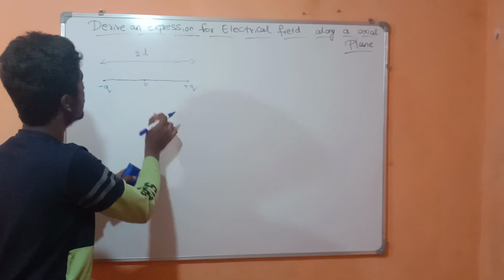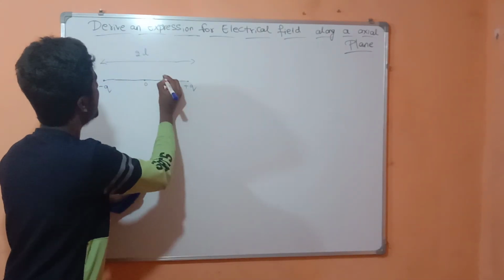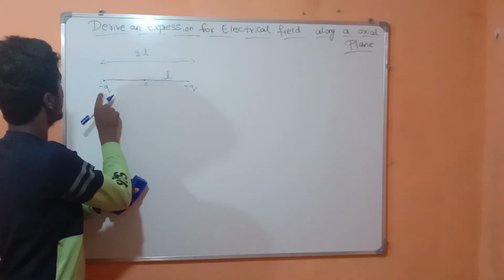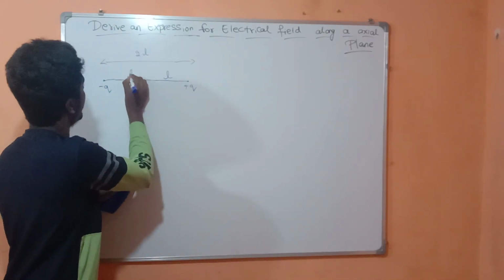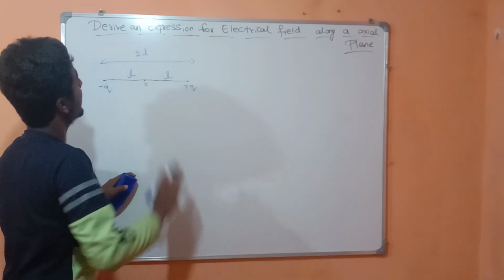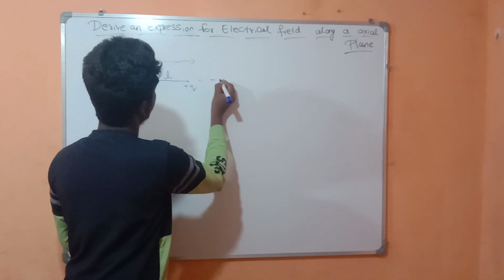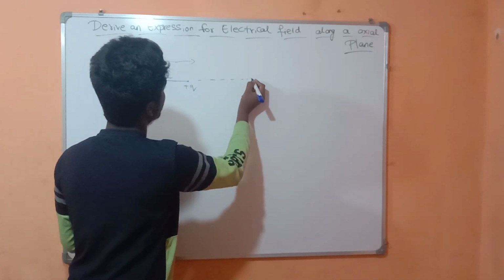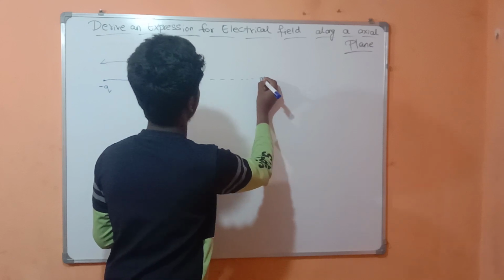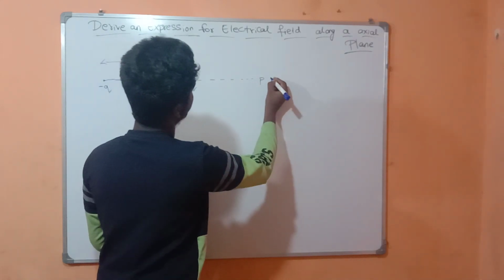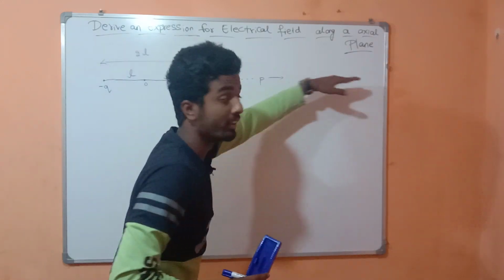What is the distance between O and the positive charge? It will be L, and between the negative charge and O, it will also be L. Half of 2L plus half, it will be 2L, children. Now let me write the positive test charge at point P. Here the electric field will repel along this direction.